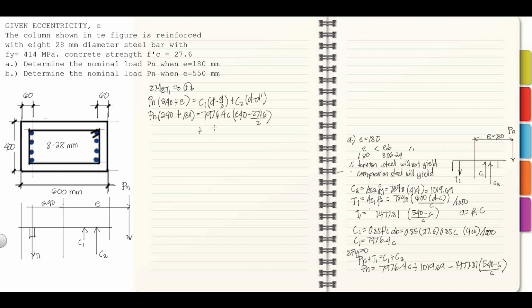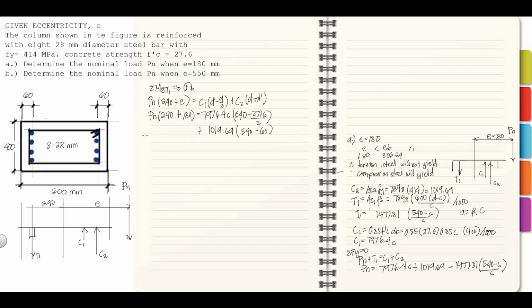What is our C2? As solved, that is 1019.69. So multiply natin yung moment arm niya. Ang moment arm nito, class, is D minus D prime. Ang D is 540, ang D prime is 60. Alright? So yung Pn natin dito will be this value in terms of C.